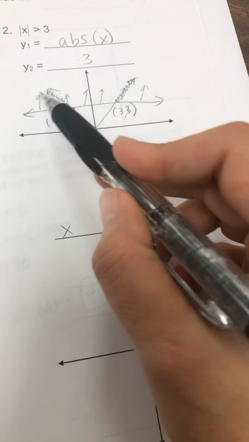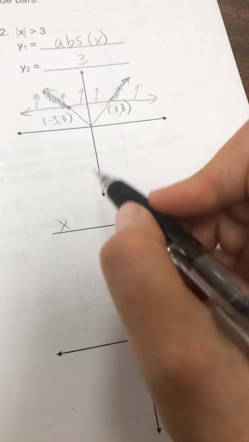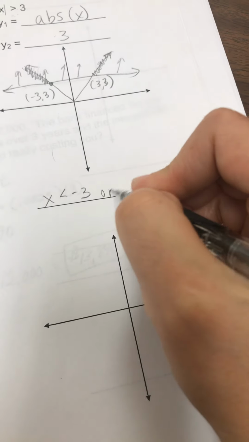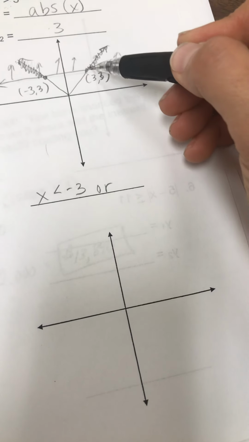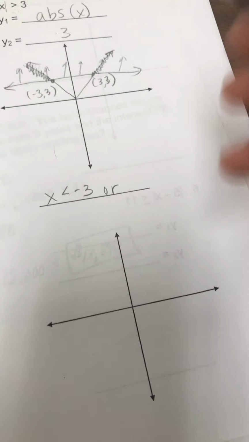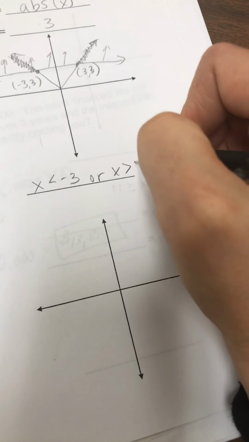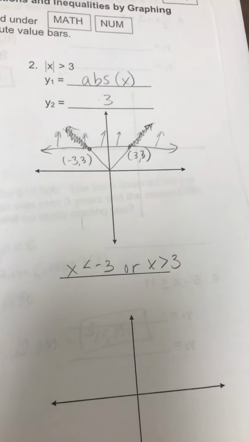It's getting smaller. When you start from this point, it's going less. So x is less than negative 3, or starting from this point, they're going in opposite directions, x is getting bigger. So x is greater than positive 3. That's how we would write the answer for that one.